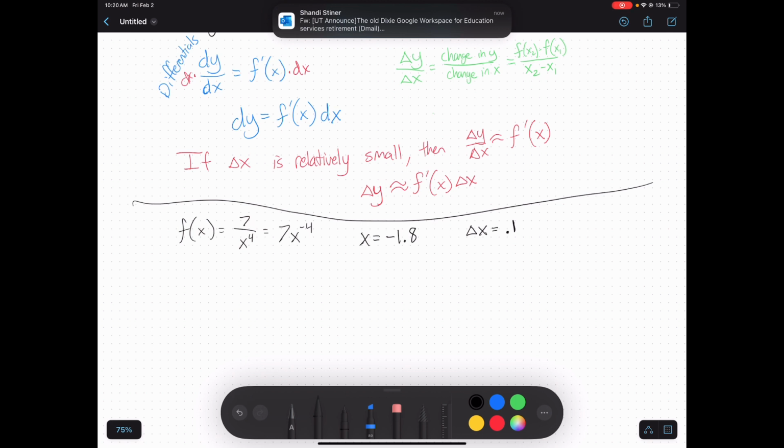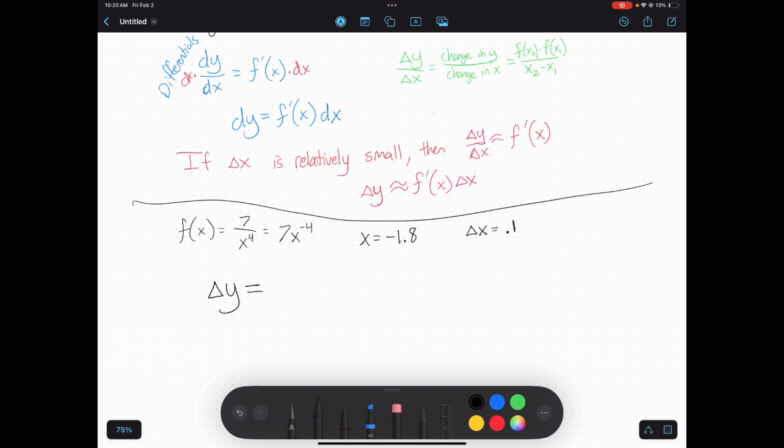But here's where we've got to be careful. There's two parts to this problem. There's one part where it asks me to actually calculate delta y. What is delta y? I'm not estimating delta y here. I'm calculating delta y. Because this function is relatively simple, I don't actually need to estimate.